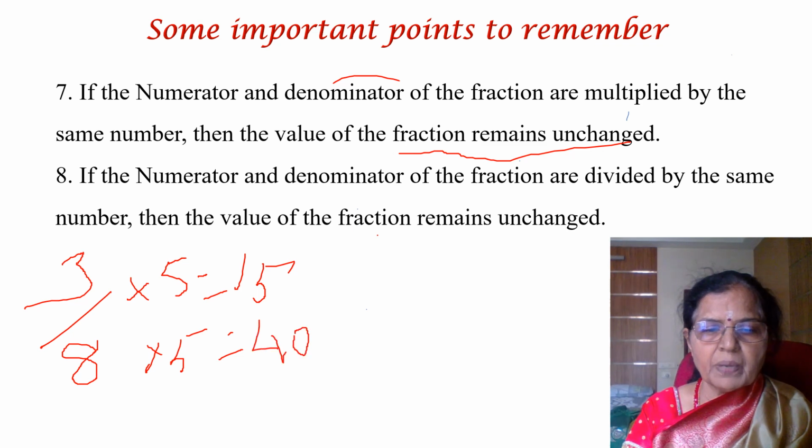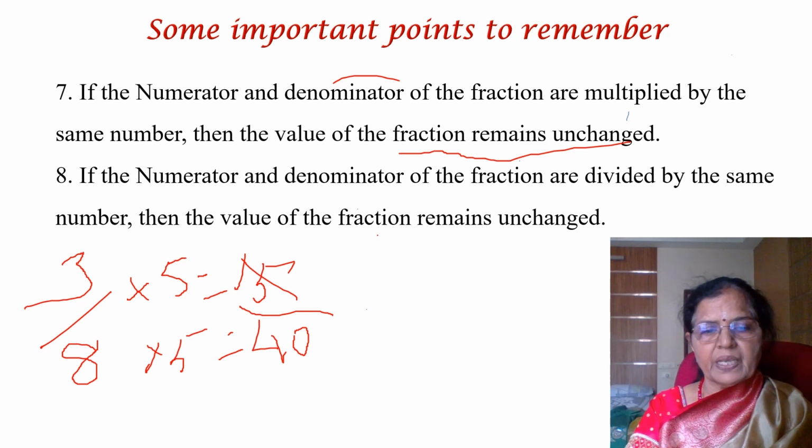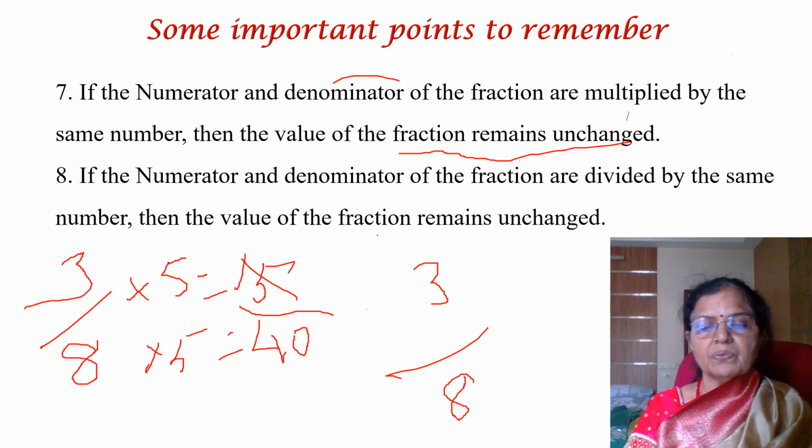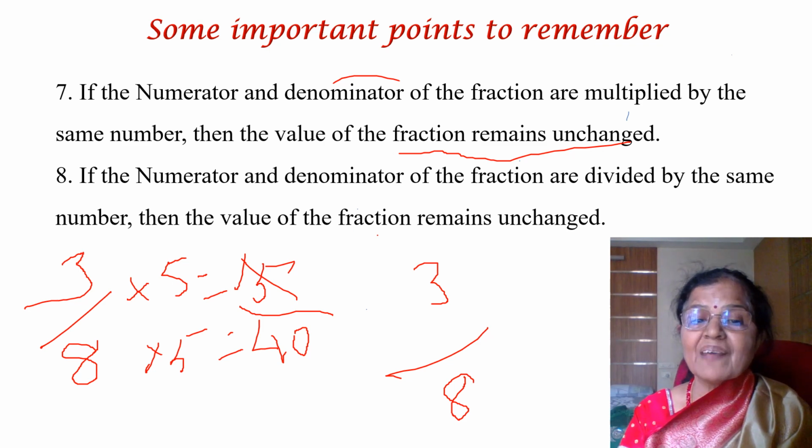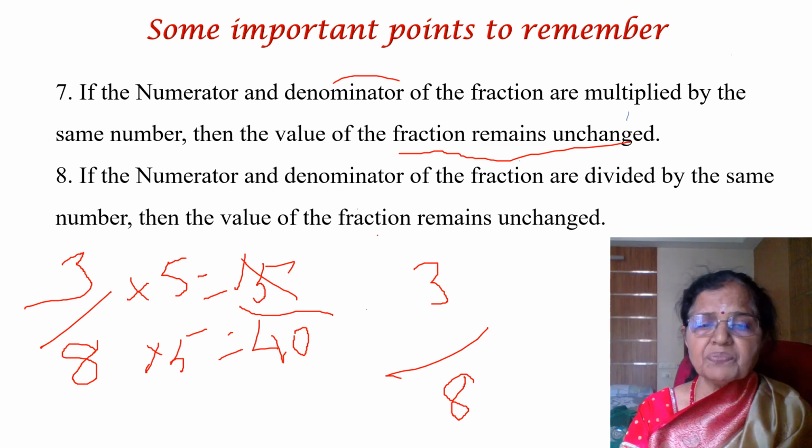And 15 by 40 can be simplified as divided by 5 again. 3 and 8. So the value is same. If you are going to multiply both the numerator and denominator by the same number, the value of the fraction remains unchanged. They are called equivalent fractions. This 3 by 8 and 15 by 40 are called equivalent fractions because they have the same value.